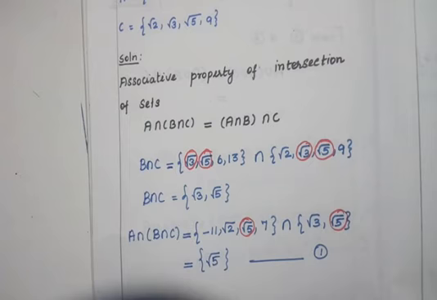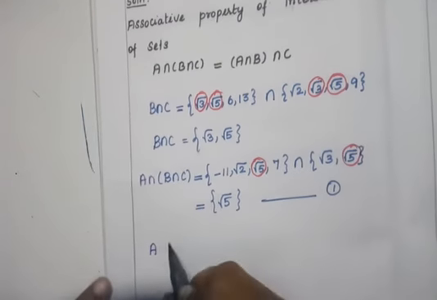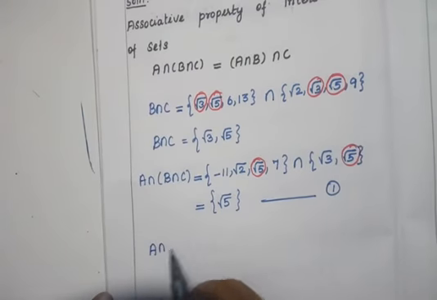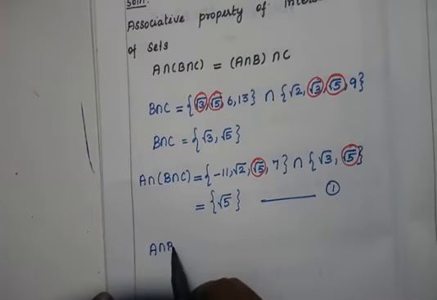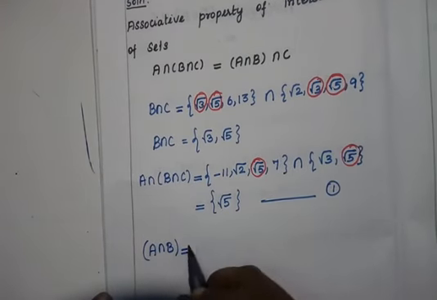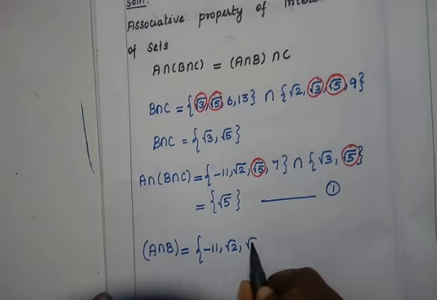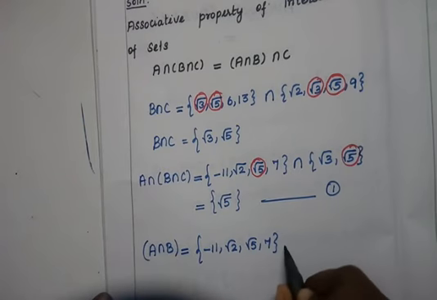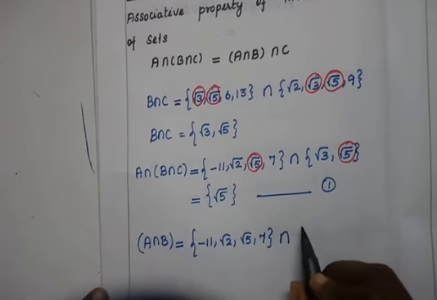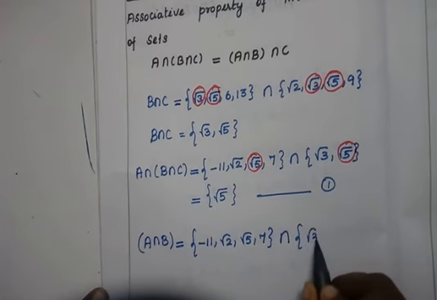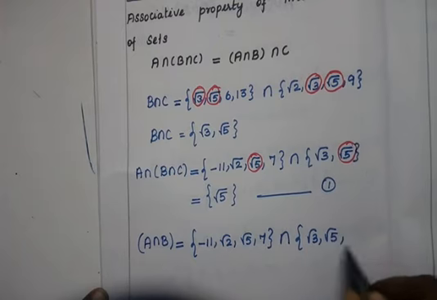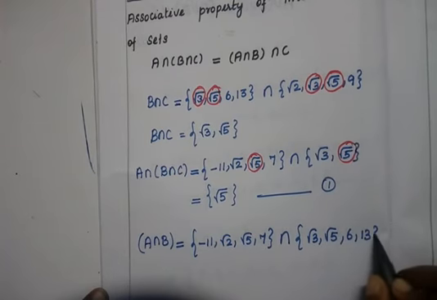Next we have to find out A intersection B equal to, what is the A set? {-11, √2, √5, 7}, then intersection B set is {√3, √5, 6, 13}.